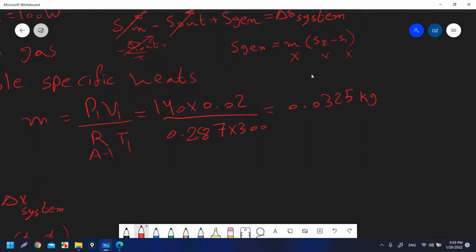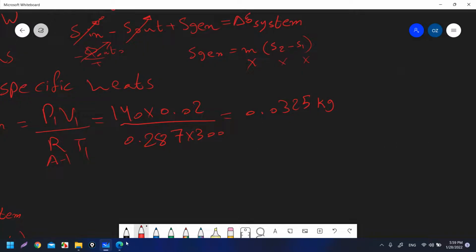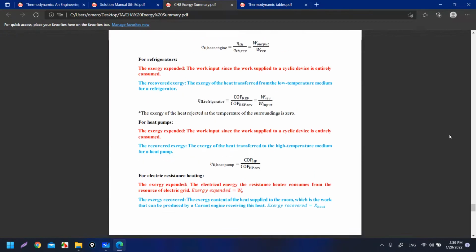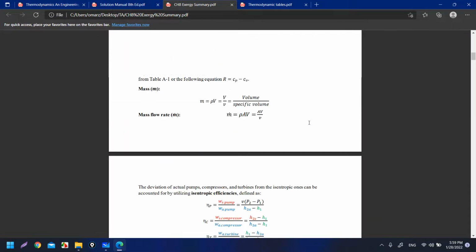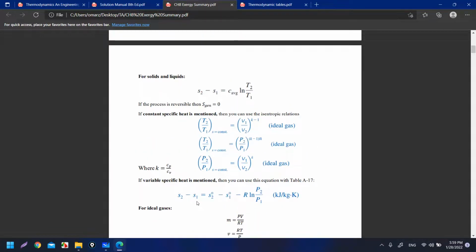What about S2 minus S1? When it is a variable specific heat, you have to use this equation to find S2 minus S1: S2 naught minus S1 naught minus R ln P2 over P1. P2 over P1 is 1 because he said a constant pressure, so the term ln of 1 will be equal to 0, so this term will be cancelled.